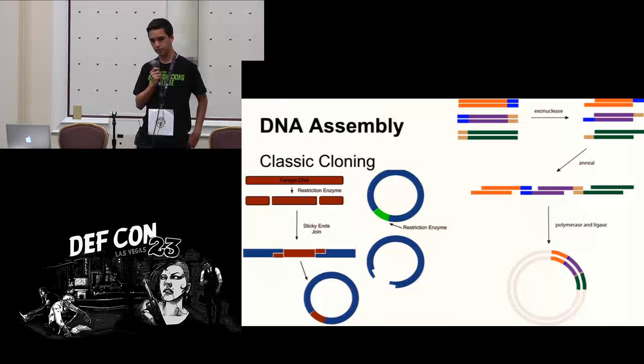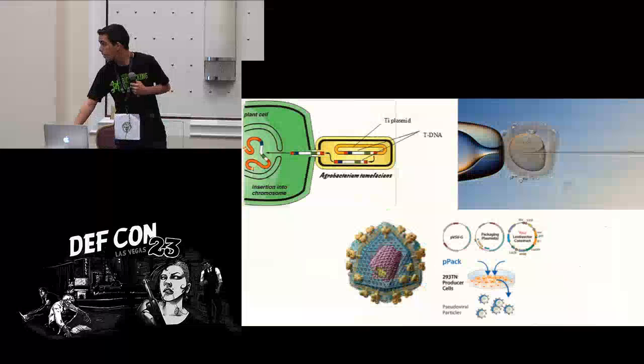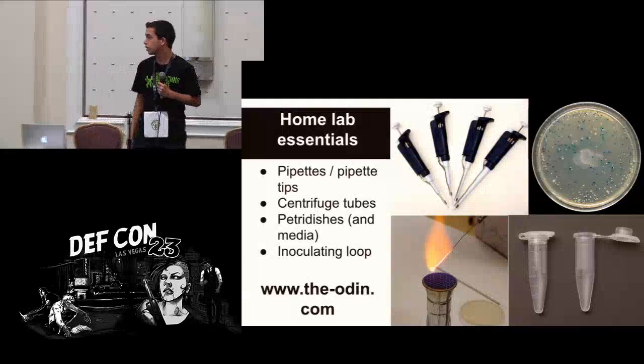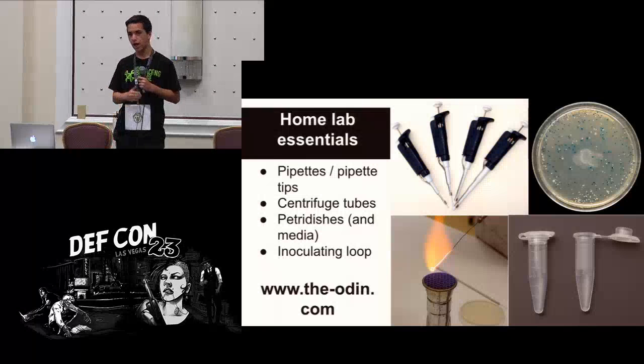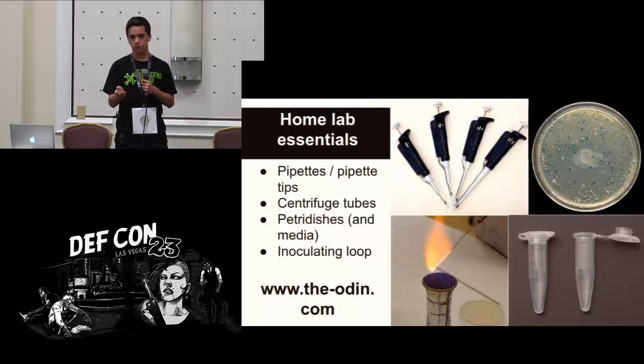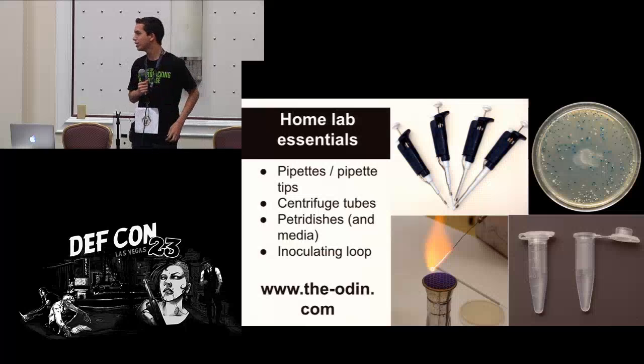Pipettes. As I said, the biggest hardware you need is pipettes, so make sure those are good. And after that, it goes application specific. So, what's one thing you would want to do? If you wanted to see if you had a gene and amplify it from the environment, you would need a PCR machine, and you would need enzymes, and you would need tubes.